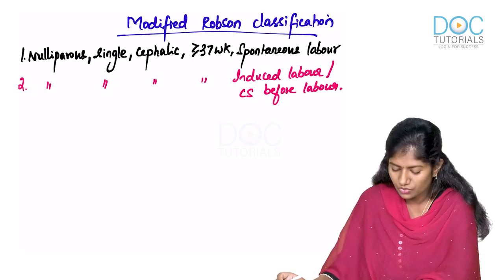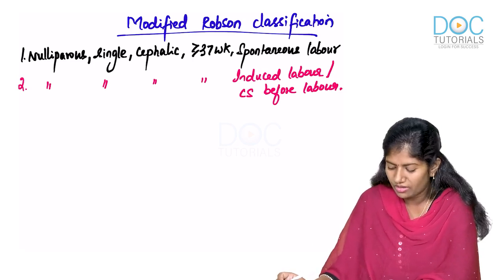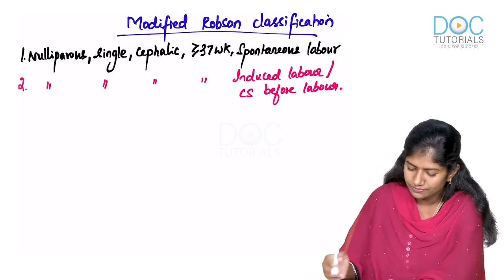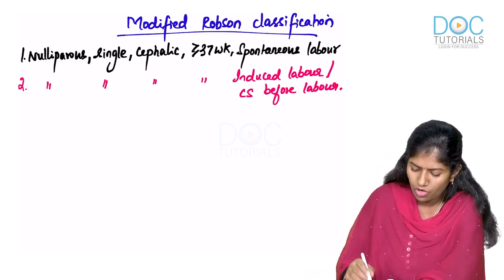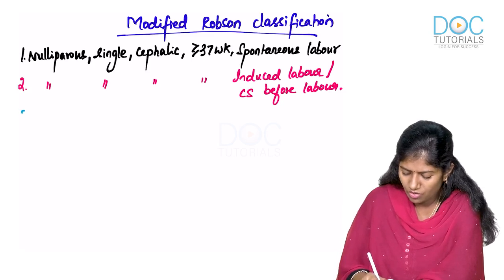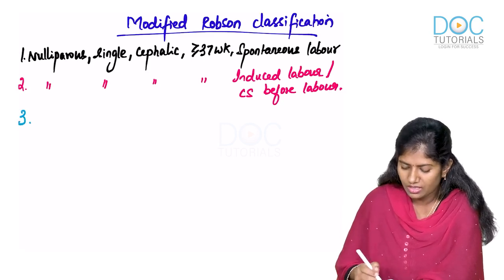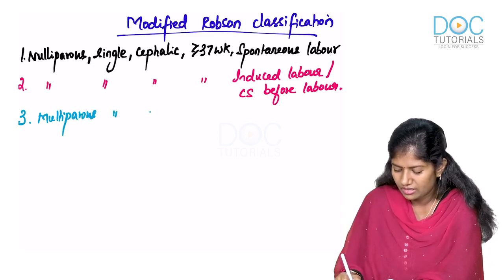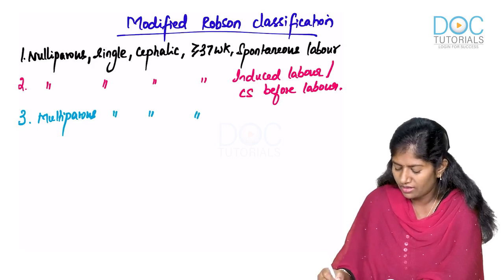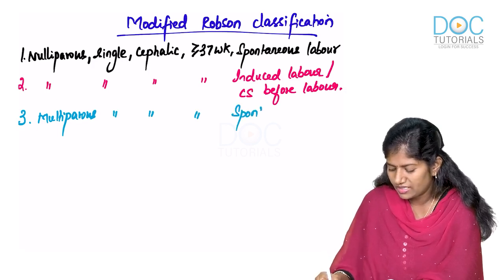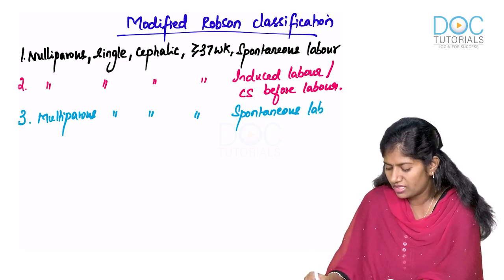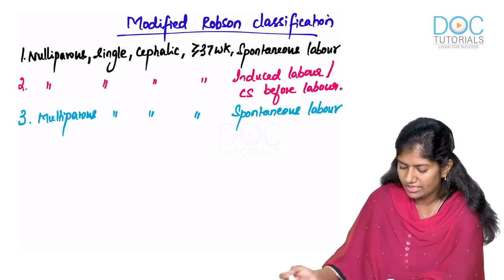So classification 2 is nulliparous single cephalic more than 37 weeks with induced labor or cesarean section before labor. Okay, what is Robson's class 3? Robson's class 3 is multiparous, again single cephalic more than 37 weeks, spontaneous labor.